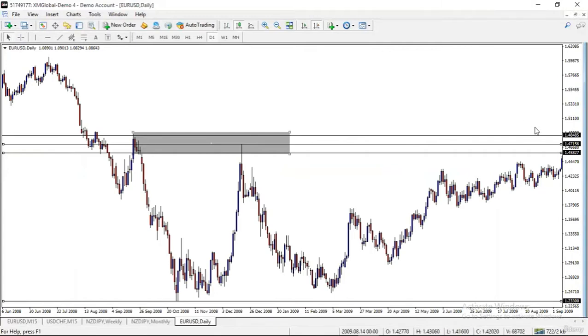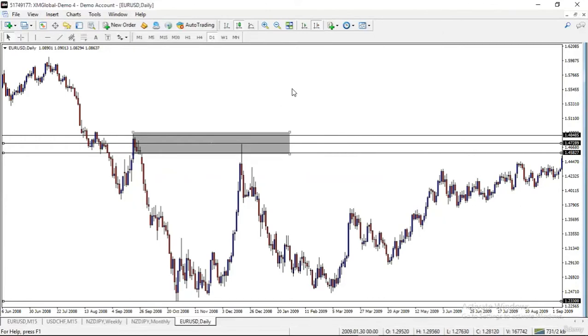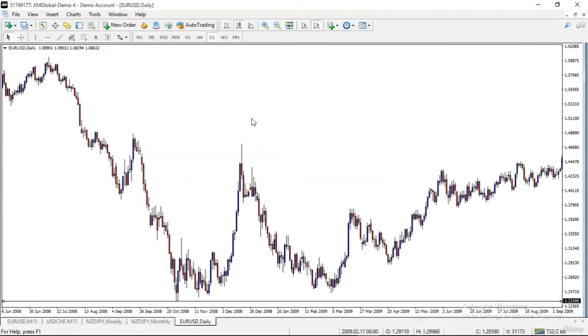So it can reject anywhere. But if you had just that price, it was not going to get the reaction.